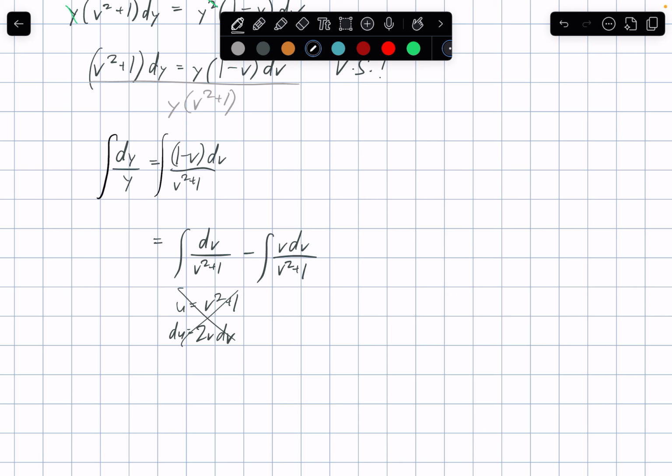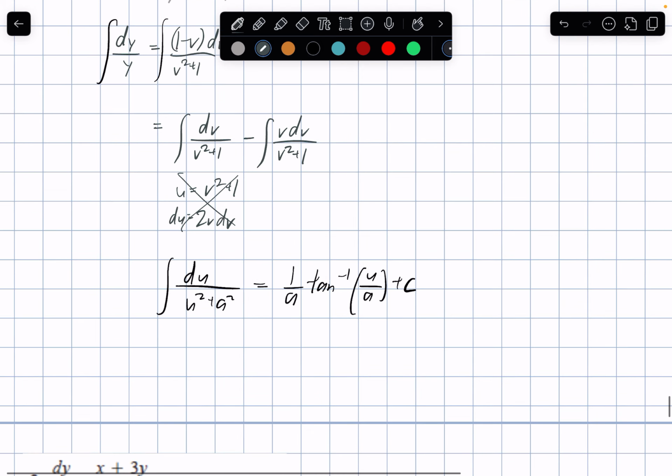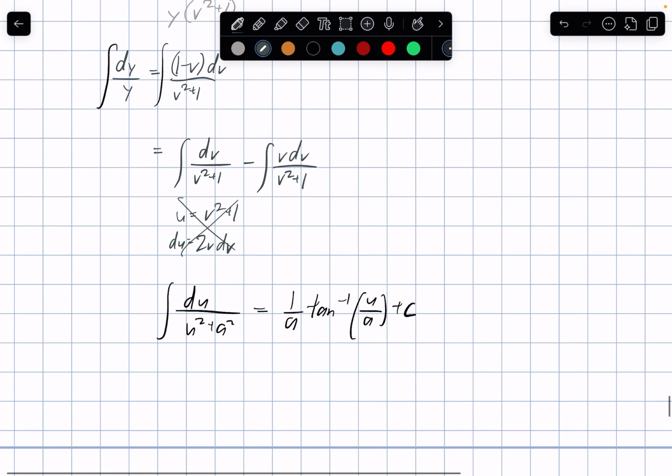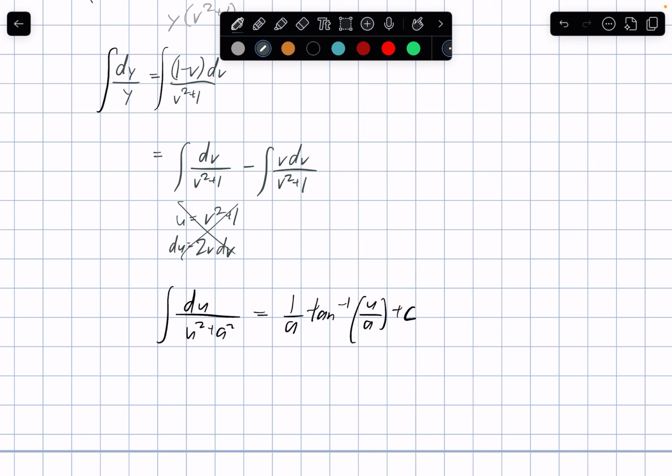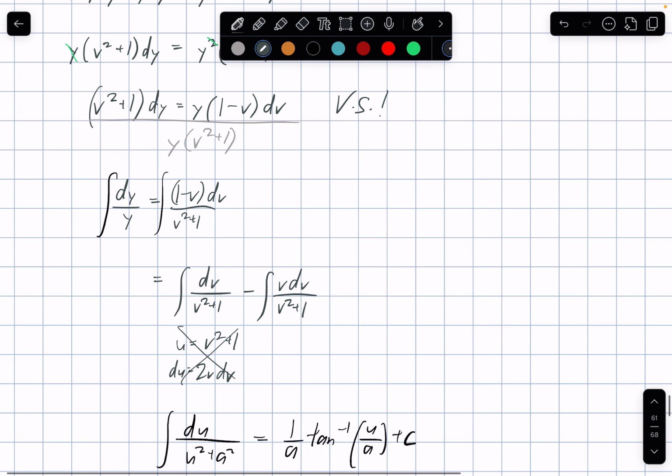Wait, I think I'm seeing a pattern here. You remember the formula du over u squared plus a squared? This is 1 over a arctangent u over a plus c. Yes, this is a trigonometric formula. Okay, we're not lost. What's the other side?